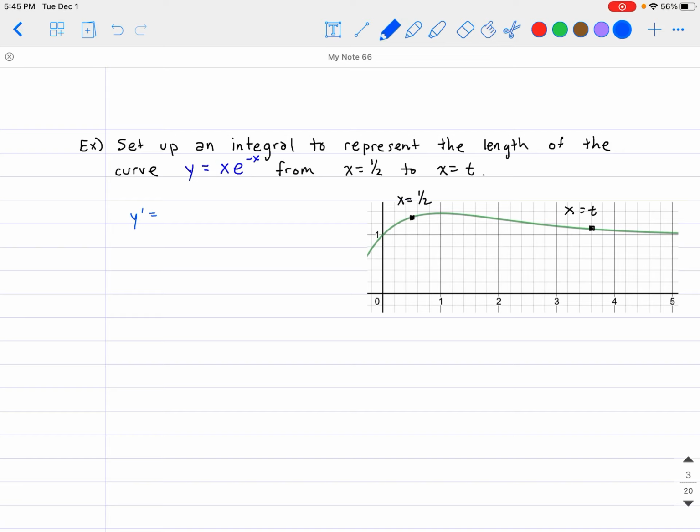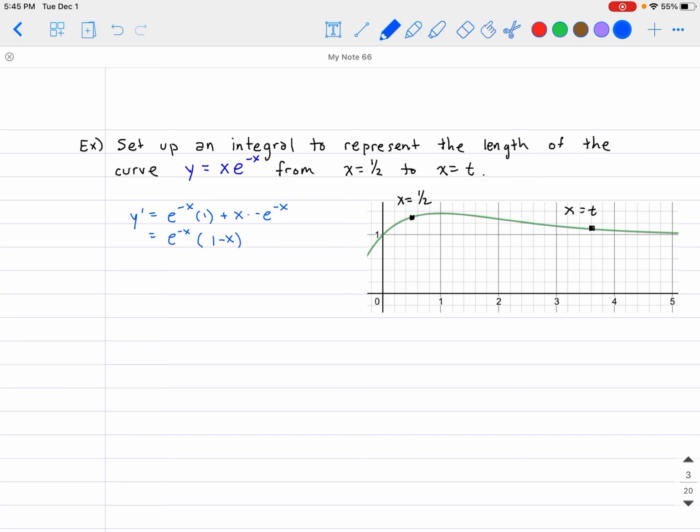First, we're going to solve for y prime. Y prime, according to the product rule, is going to be the second function multiplied by the derivative of the first, plus the first function multiplied by the derivative of the second. If we clean that up, that's e to the negative x multiplied by 1 minus x.